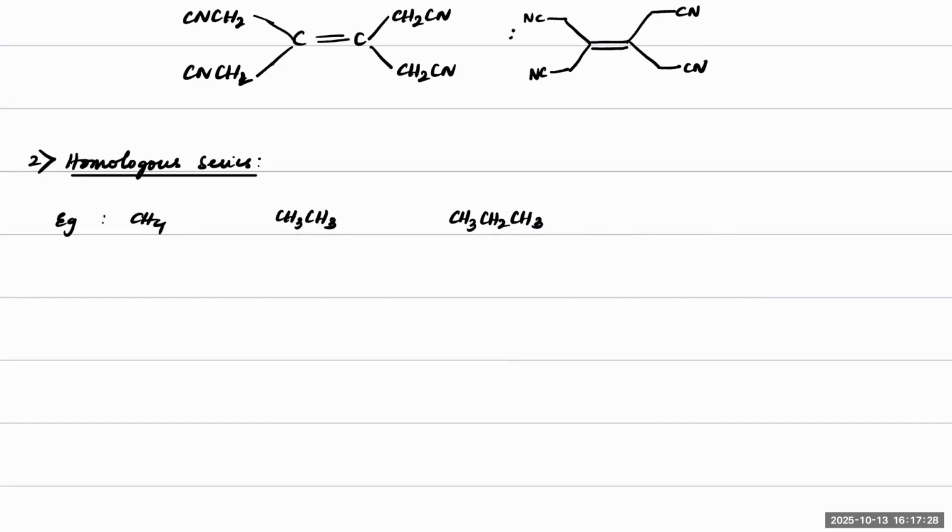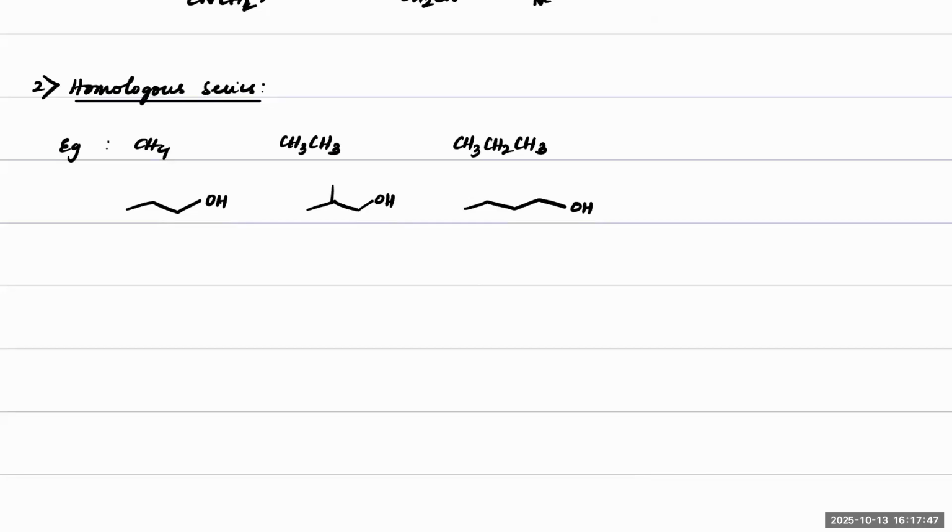Even if you have a functional group, let's say I took propanol, and if I write this as isopropanol also, this is also a homologous series because there is one extra CH2. So it doesn't have to be a straight chain. If I say A, B, C, AB is homologous, AC is homologous, but BC is not.